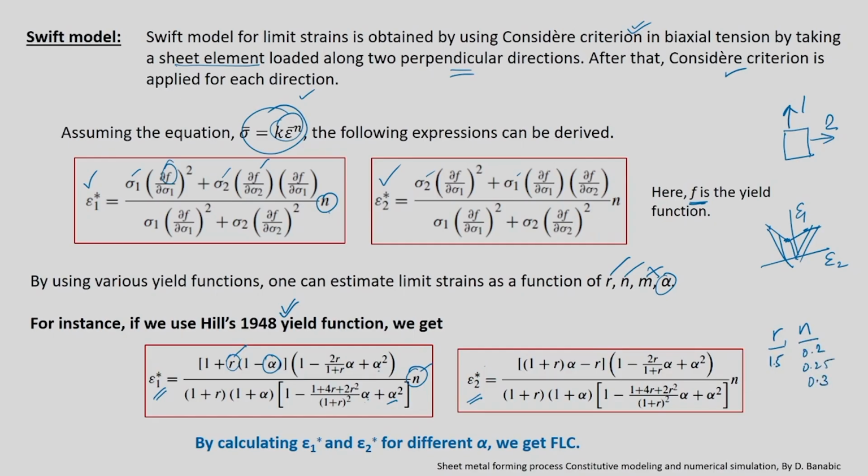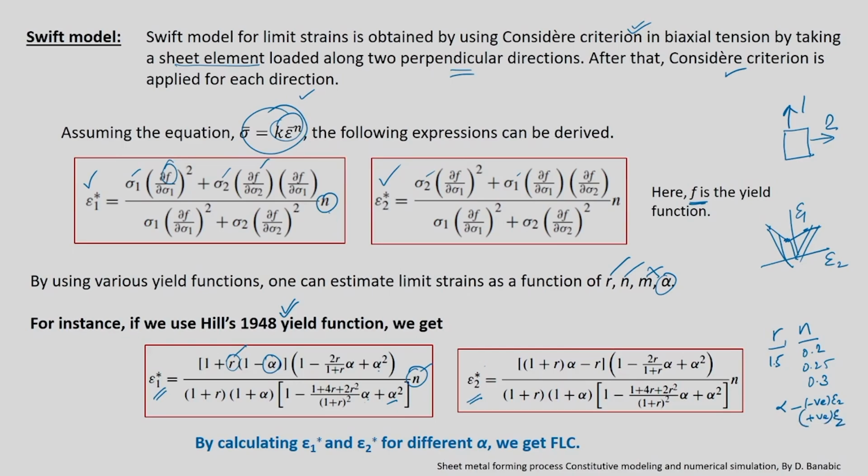Then one can get a variety of values of epsilon 1 star and 2 star for different alphas. Alpha is also going to change from the leftmost side, for the negative minor strain to positive minor strain. So I can get different values of alpha, which we already defined. We already discussed 5 different alphas, right?